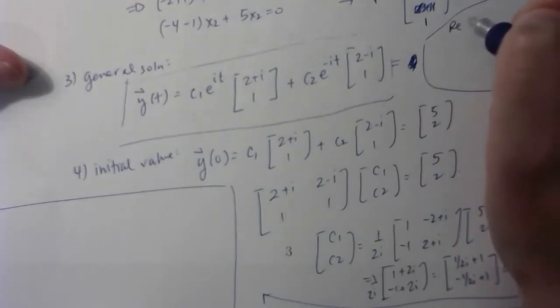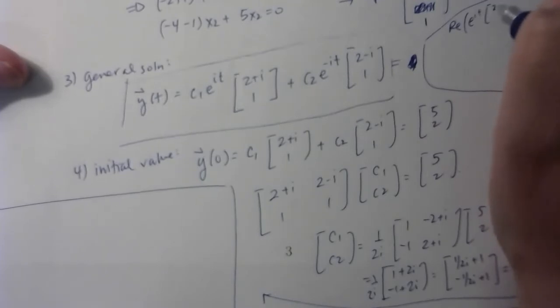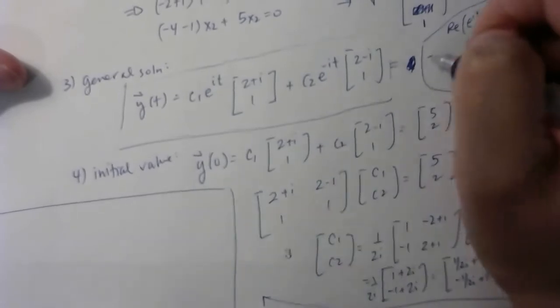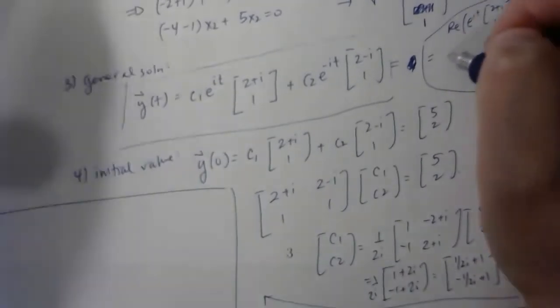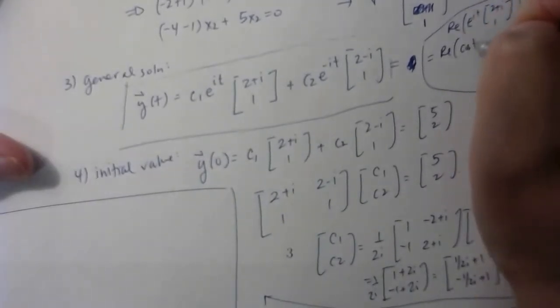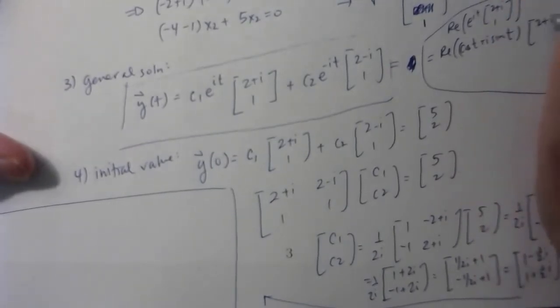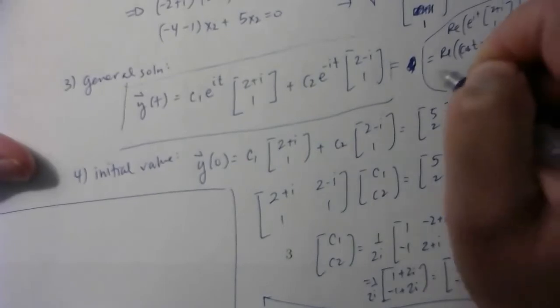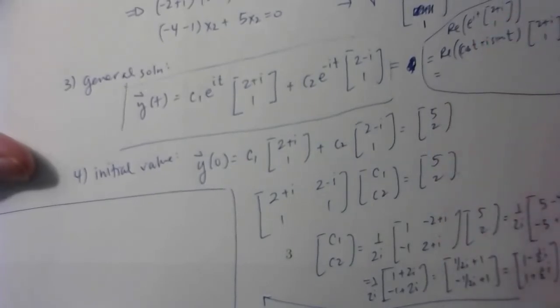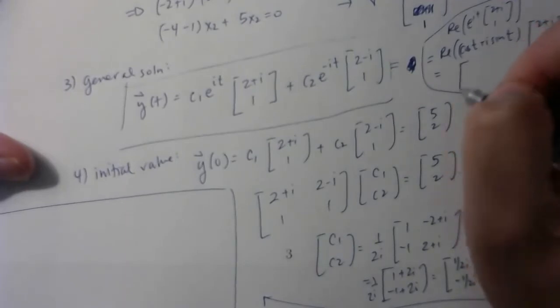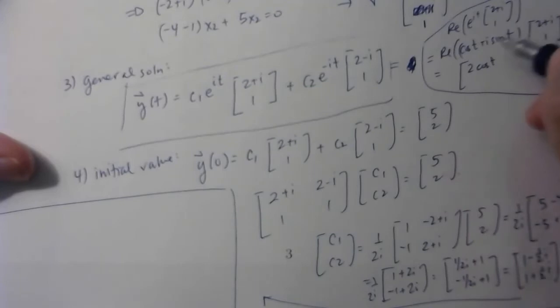The real part of e to the it, 2 plus I, 1. What is that? So we have the real part of cosine t plus I sine t times this vector here. So the real part should be 2 cosine, right? And then minus sine, because I times I sine.